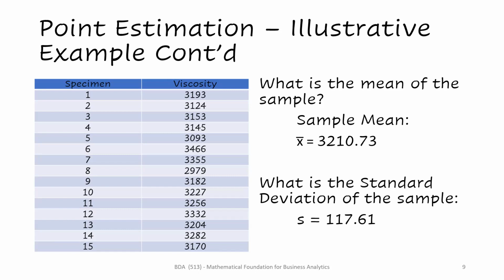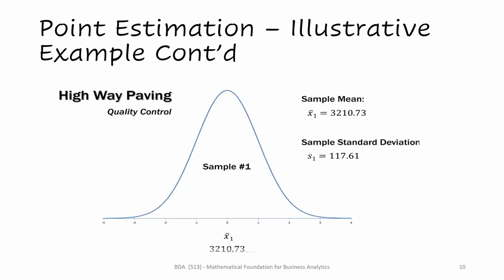So the sample mean gives us 3,210.73, and the standard deviation is 117. So we're going to have something like this. The first sample comprising the 15 specimens has a mean viscosity of 3,210.73.